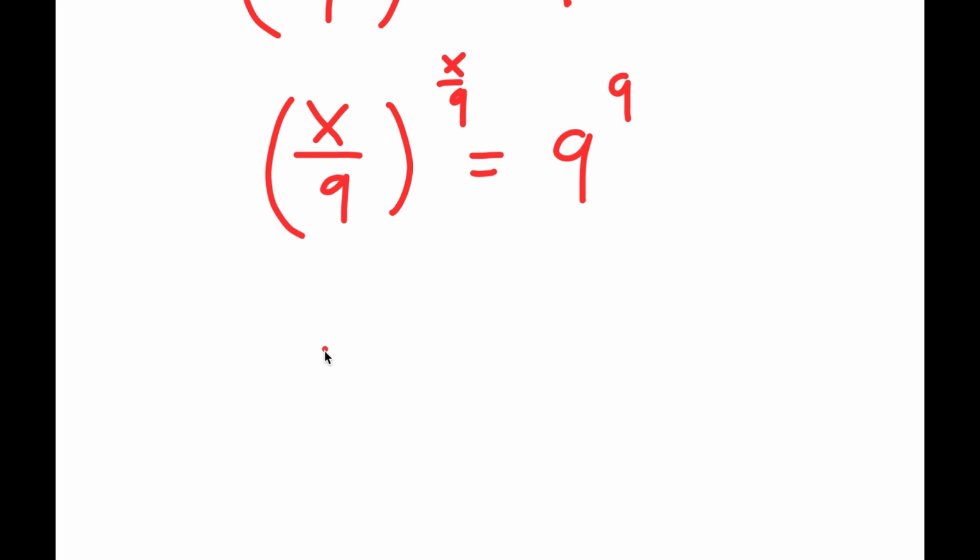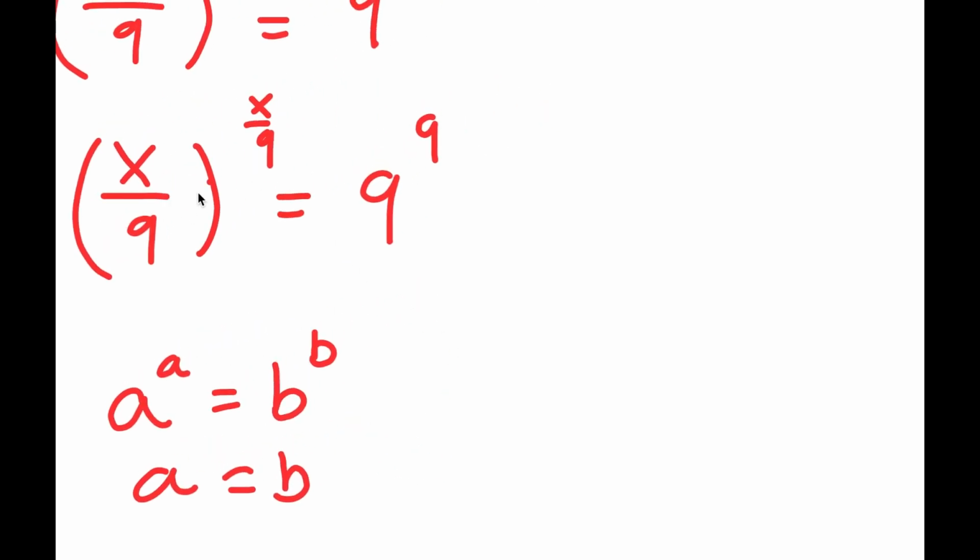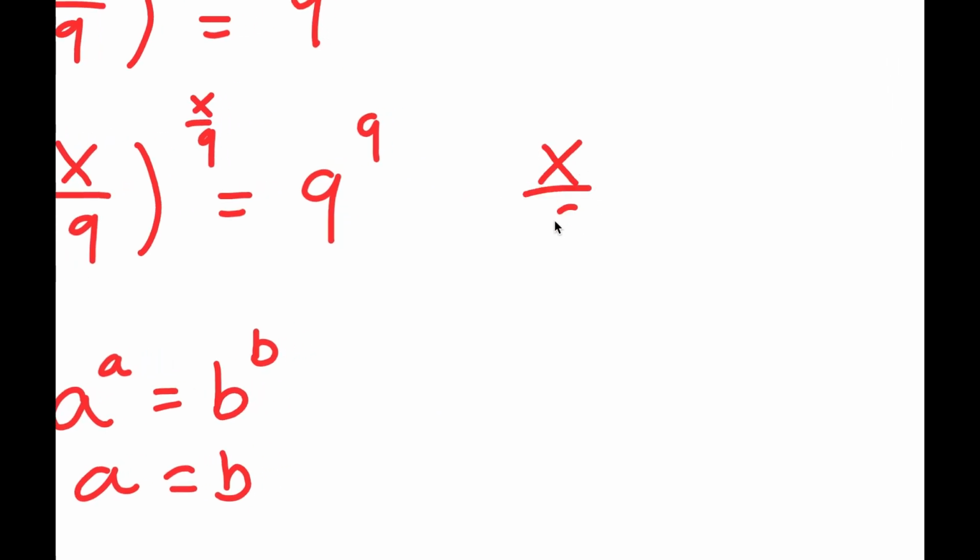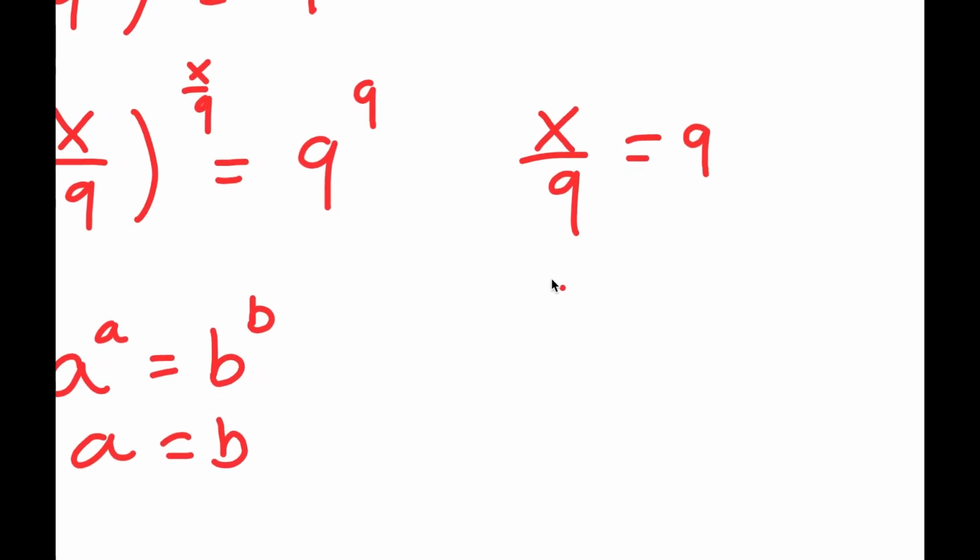And now if I have something in the form a to the power of a is equal to b to the power of b, then this means that a is equal to b. So in this case, x over 9 to the power of x over 9 equals 9 to the power of 9. So this means that x over 9 is equal to 9, and x is equal to 81.